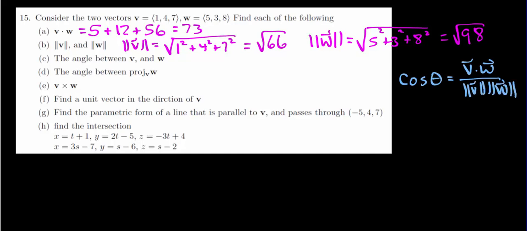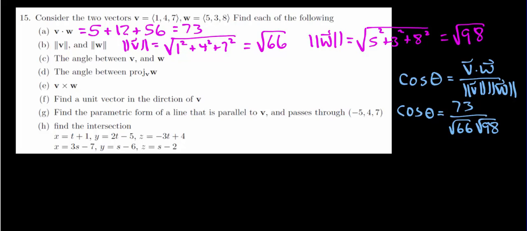So that's the formula for the angle between two vectors, and then you can do inverse cosine. We found the dot product to be 73, and then you've got the square root of 66 times the square root of 98. That's how you would do that.